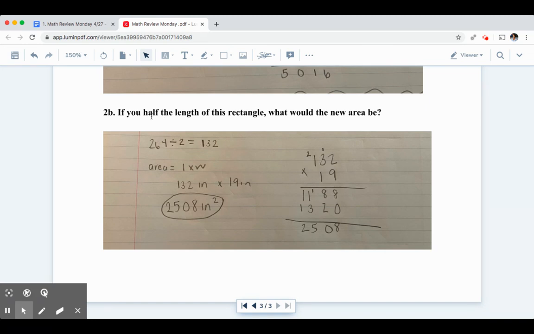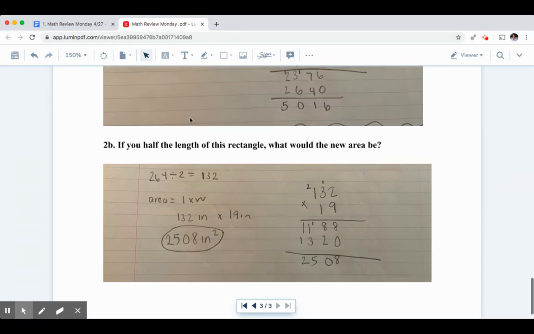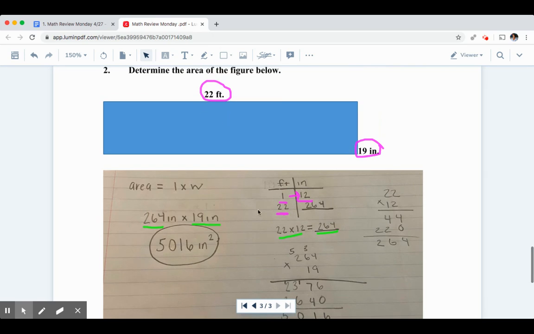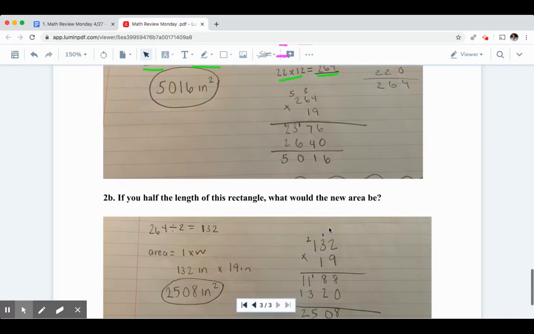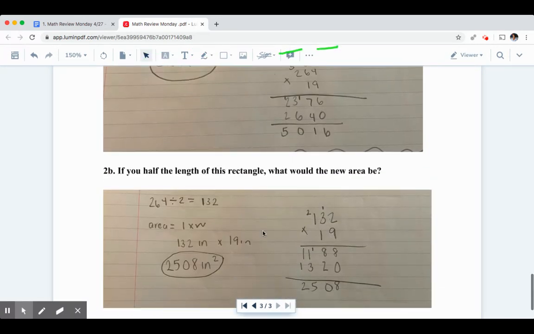Our last problem said, if you half the length of this rectangle, what would be the new area? Well, we know that our length was 22 feet or 264 inches. So in order to get half of that, we need to divide 264 by 2 to get 132 inches as our length.